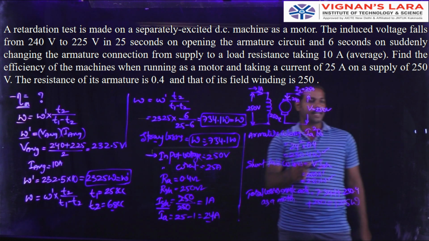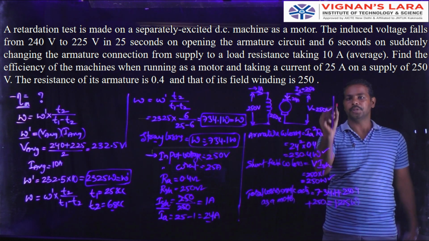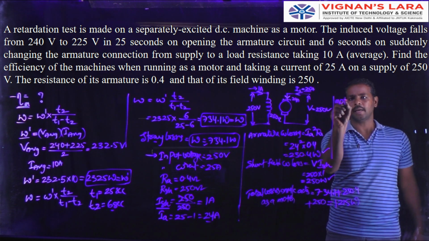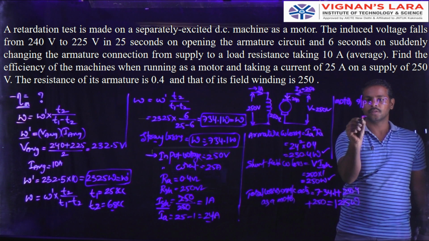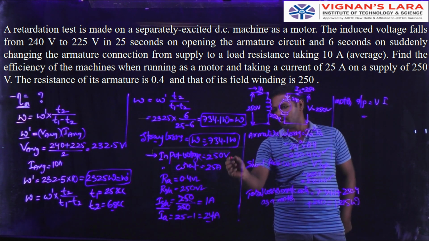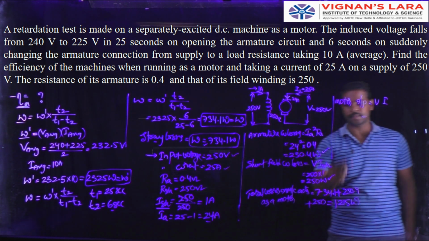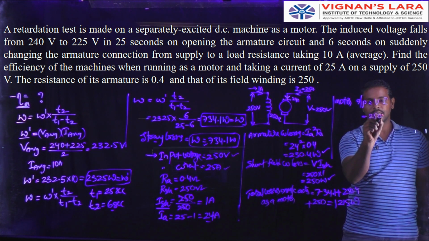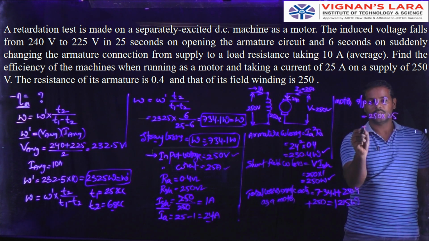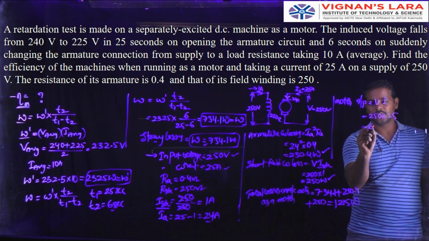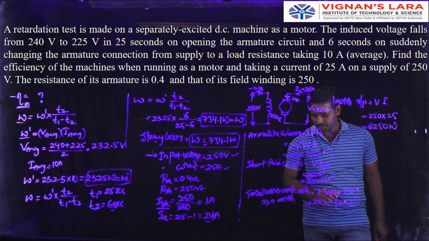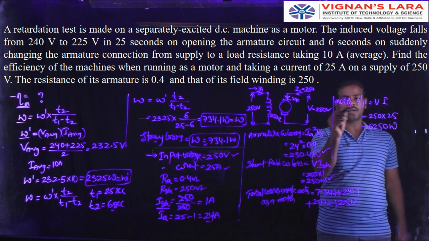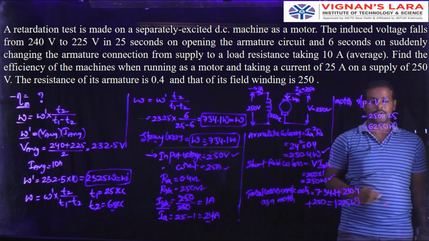Then we can find out the motor input. Motor input is equal to voltage into current. Whatever voltage is given to the motor is 250, into 25 amperes, so motor input is equal to V into I, which is 6250 watts.